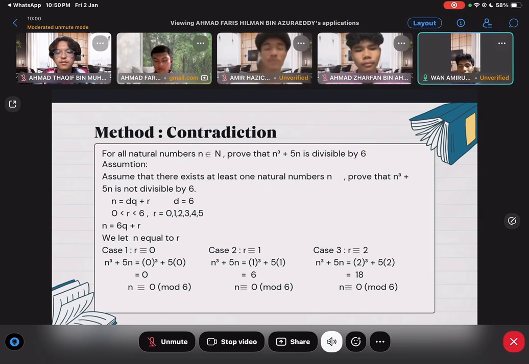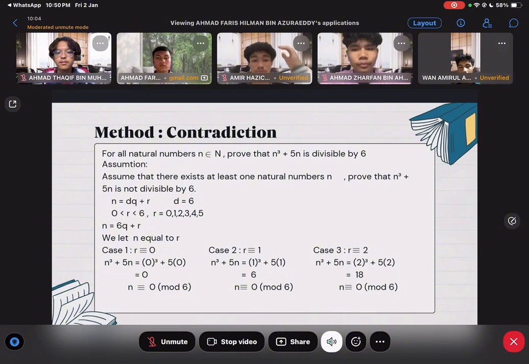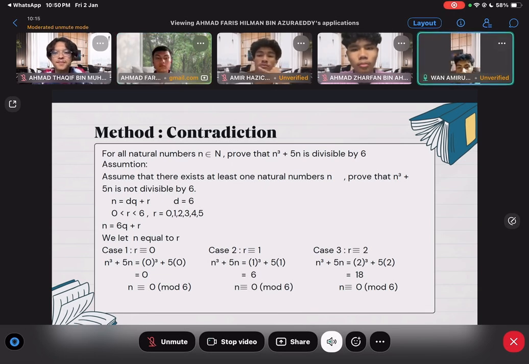By the division algorithm, n equals 6q plus r, where 0 is less than or equal to r less than 6, so r equals 0, 1, 2, 3, 4, 5.